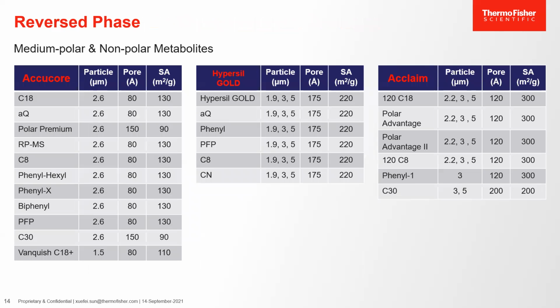Even though those are our recommended reverse phase columns, we have plenty more to look at as well. We have our C18, we have our AQ, which is going to be something that's run in a very aqueous mobile phase. We have our polar premium. We have our reverse phase mass spec.